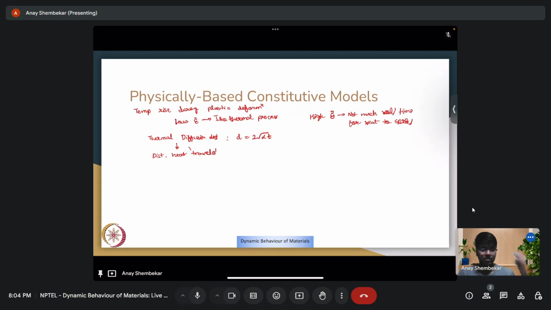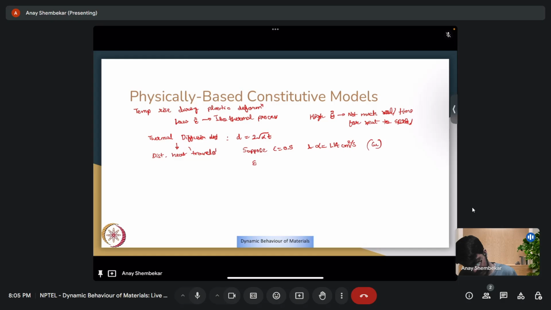Suppose epsilon equal to 0.5, alpha equals 1.14 centimeter square per second, which is for copper.